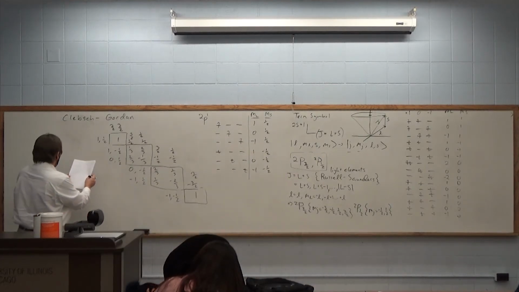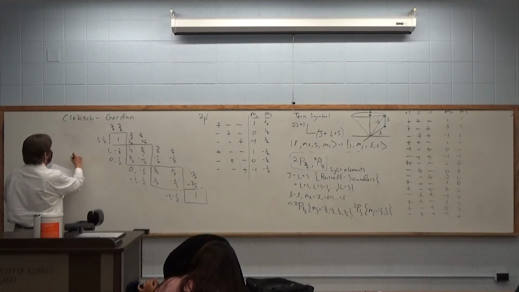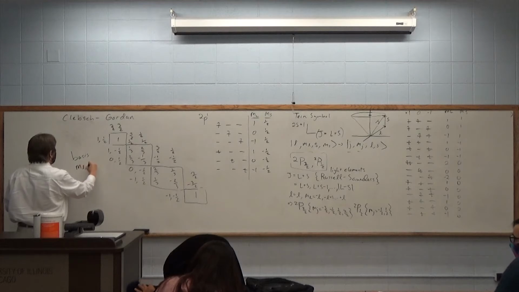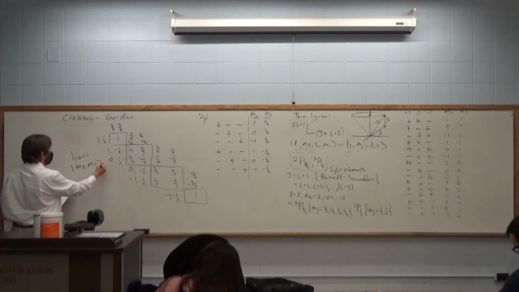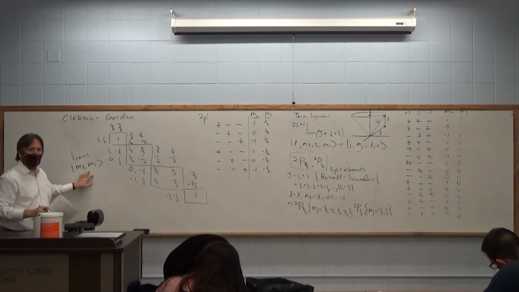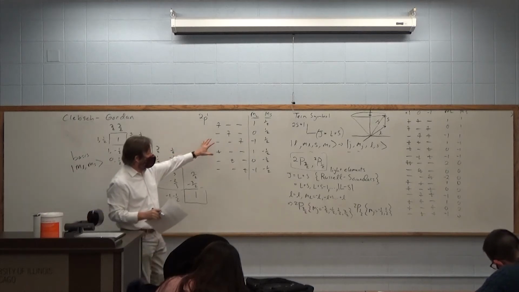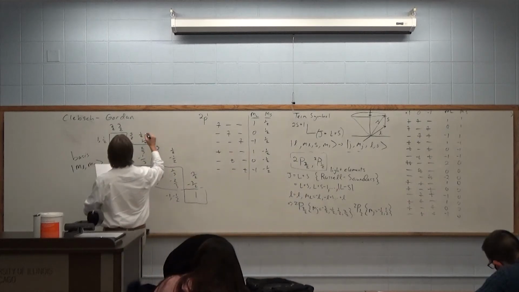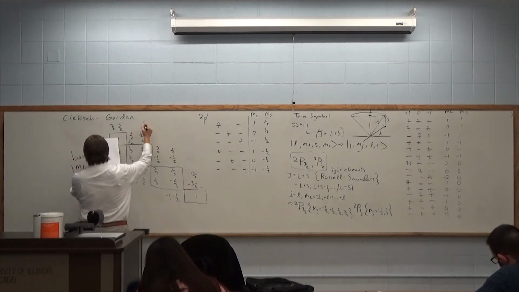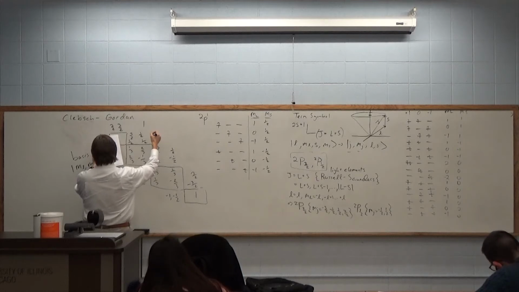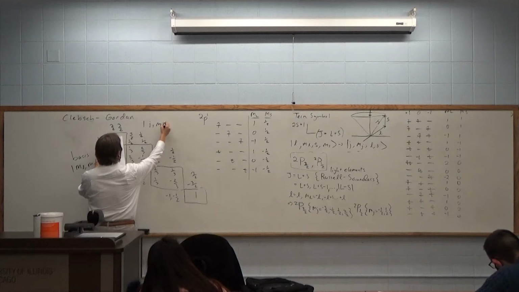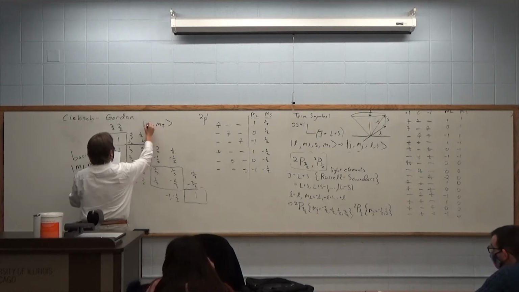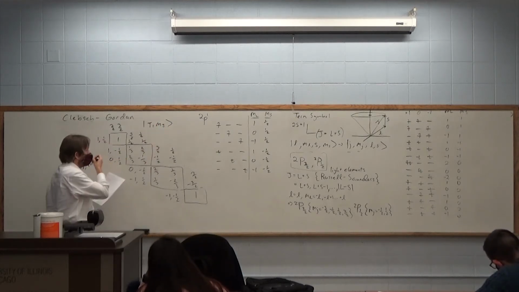On the left are the bases. Now remember, these are going to be the M_L and M_S. Remember how I told you that we abbreviate the configurations that you know how to do? We abbreviate these as M sub L, M sub S. That's on the left, and on top are what you actually need to understand the Hamiltonian, which is the J, M sub J. That's what you actually want.